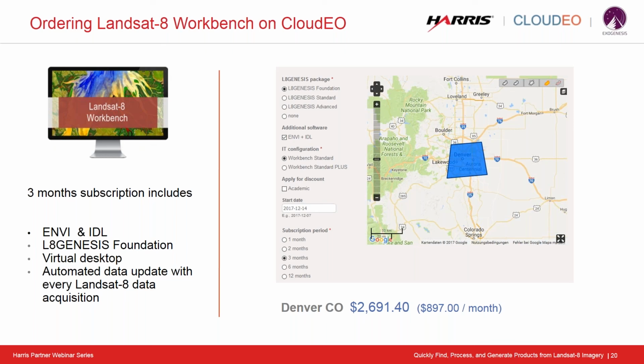We chose the Workbench Standard and a 3-month subscription period. Within that subscription period, whenever there is a Landsat-8 data acquisition, the new data will automatically be uploaded to your Workbench. This is great because it ensures that you always have the latest data to work with, and you don't have to worry about updating or anything.